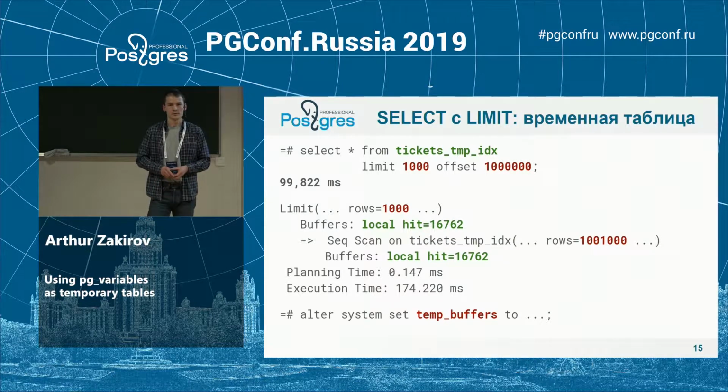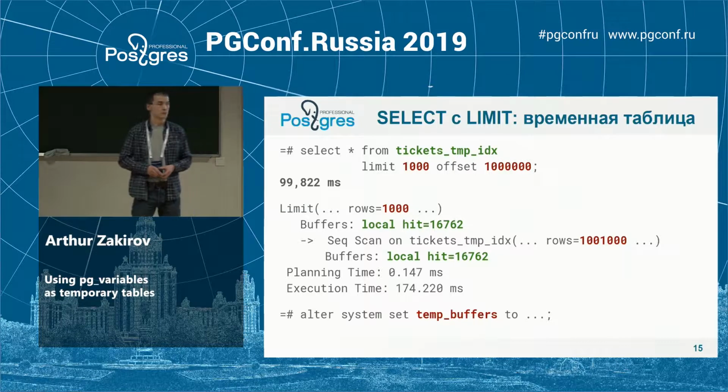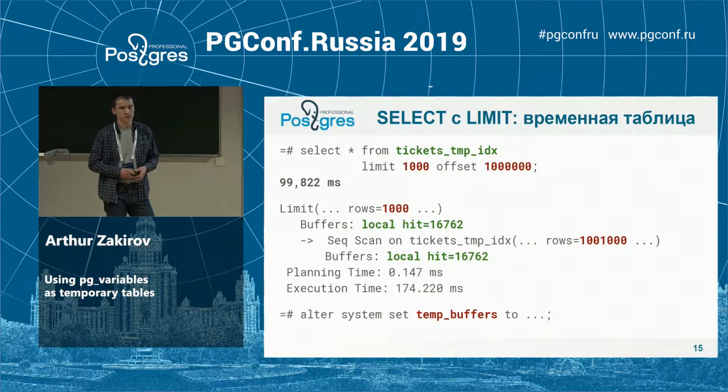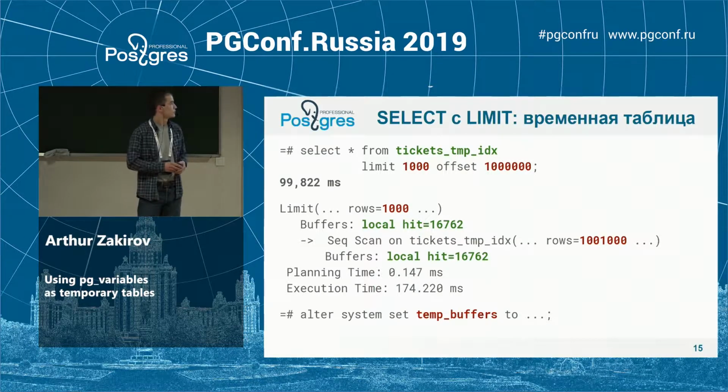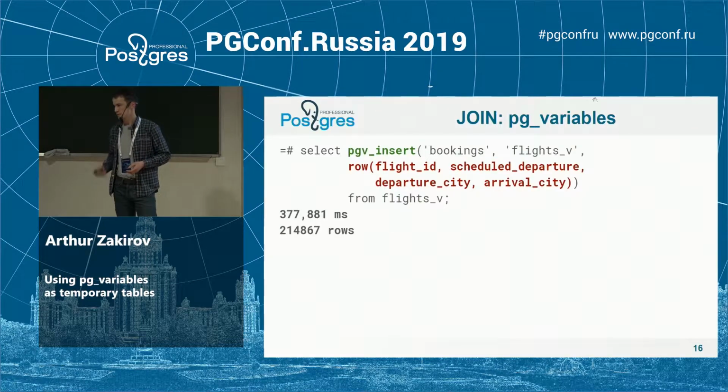It's for you to load temporary tables into the buffer of Postgres and not to be read from the disk each time. And in this situation, you can see this local hit. It shows the amount of pages that were read from the buffer, and we did not read any page from the disk.